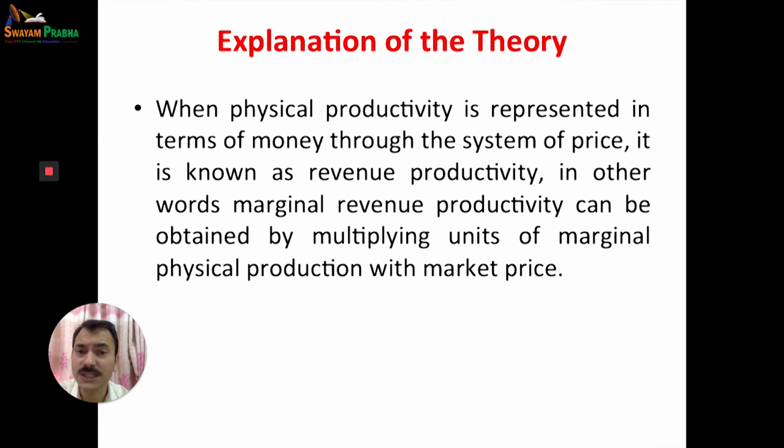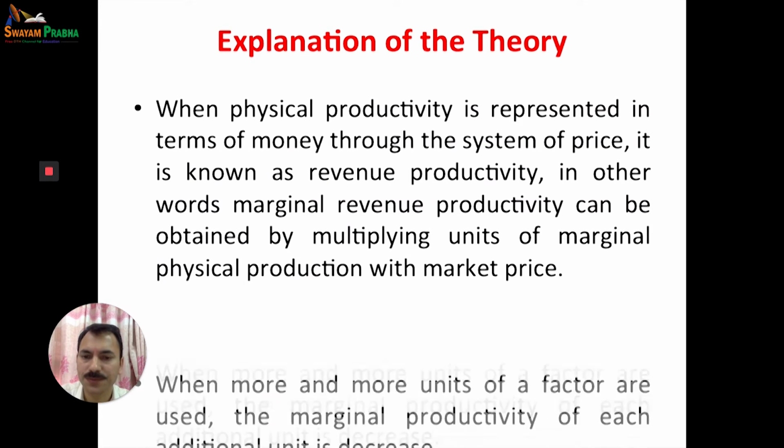When marginal physical productivity is expressed in terms of money through the system of price, it is known as revenue productivity. I'm again repeating, when the physical productivity is expressed in terms of money through the system of price, it is known as revenue productivity. In other words, the marginal revenue productivity can be obtained by multiplying the units of marginal physical production with the market price.